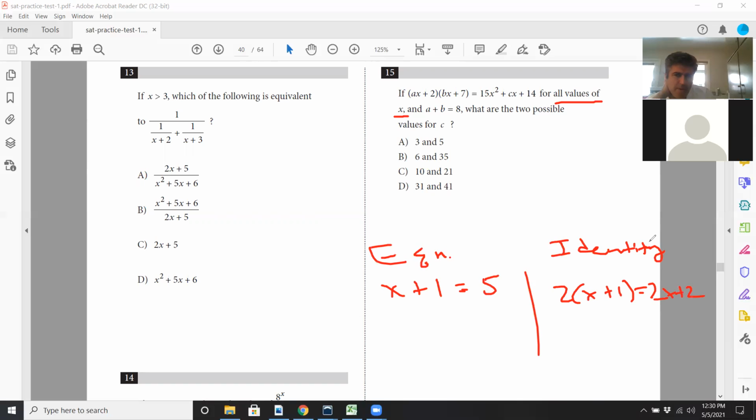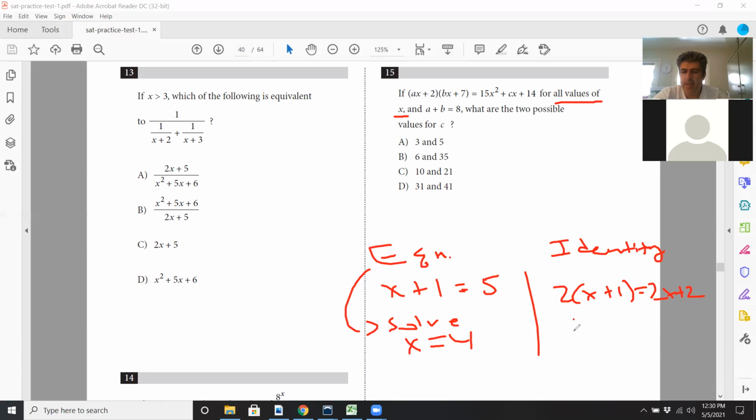So why am I calling the second one an identity? How come I'm not calling the second one an equation? Because there's an equal sign, right? Well, an equation is something you solve. There's only one value for x. Maybe it could be more than one. This one's only one value, but some equations could have two or three values. But usually there's a finite amount of values for x that would make the equation work.